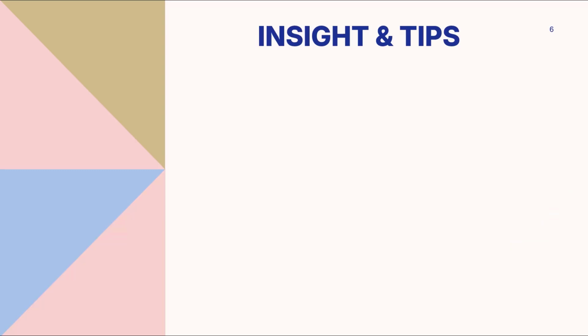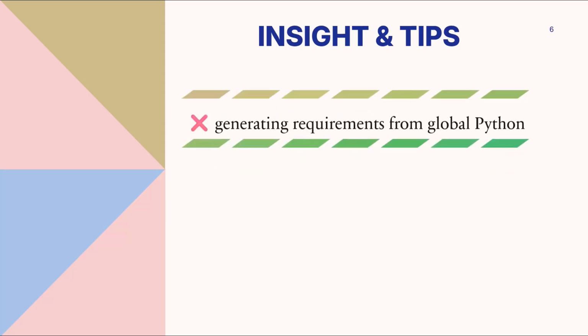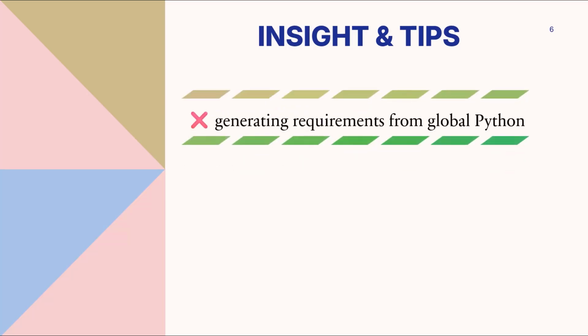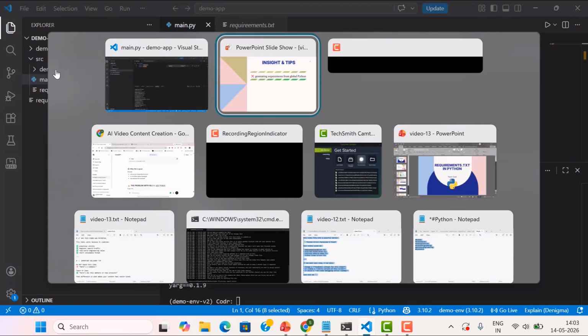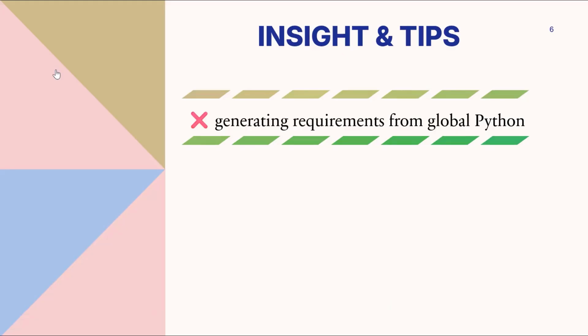Now there are many common mistakes which developers usually make. One of them is generating the requirements.txt file from the global Python. In our example also we were using two virtual environments. One was named demo env, another one was demo env v2. So always try to use isolated environments instead of generating requirements from the global Python environment.